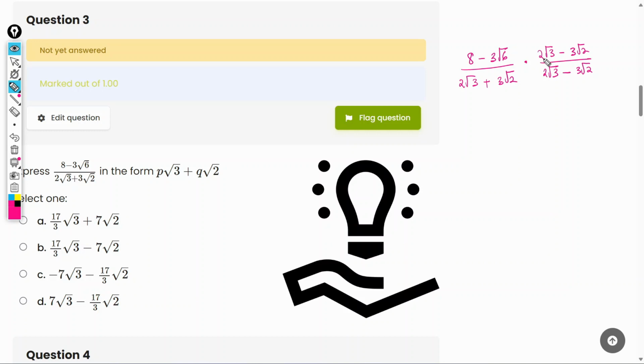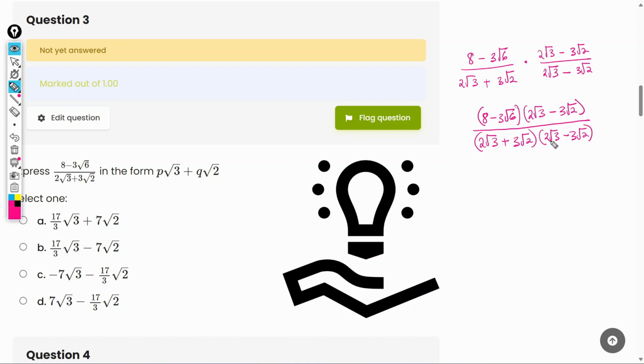So we're on track. Simplifying, for the top we'll end up with 8 minus 3 root 6 multiplying 2 root 3 minus 3 root 2, over, for the bottom, 2 root 3 plus 3 root 2 times 2 root 3 minus 3 root 2.